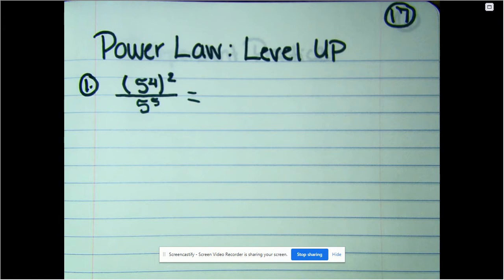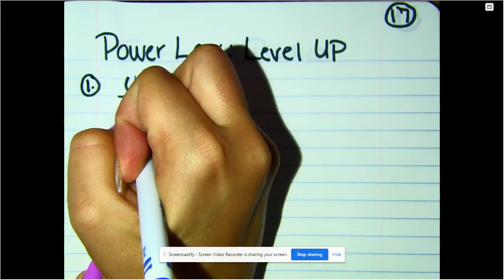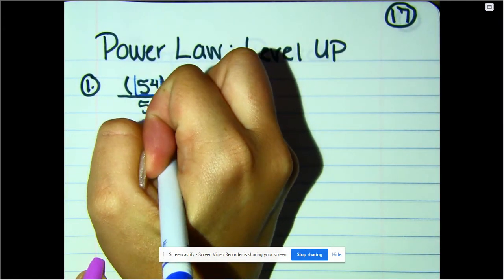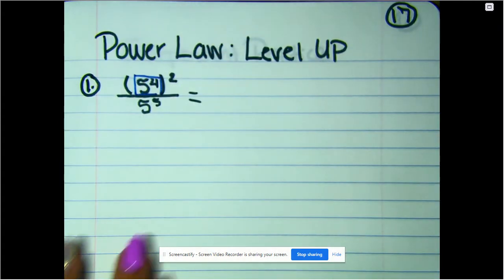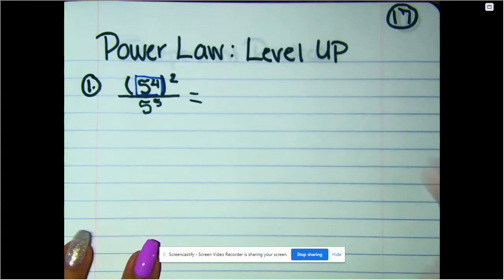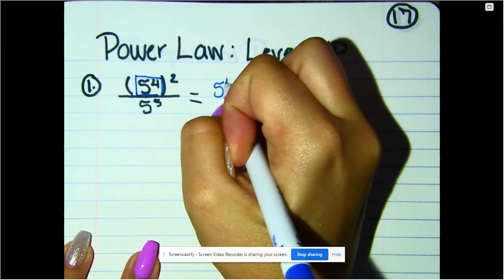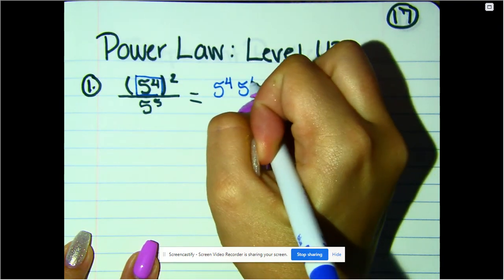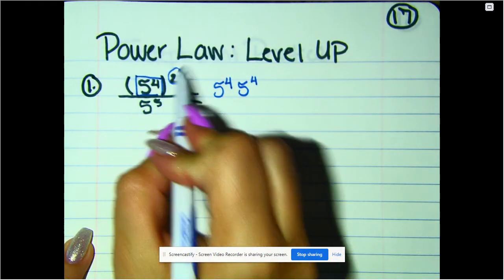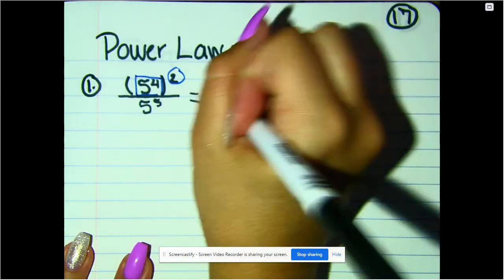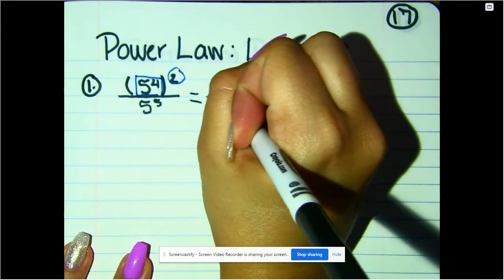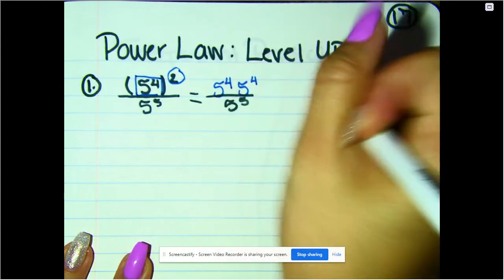If this is your base, 5 to the 4th power is now your base because that is being raised to the 2nd power. So you're going to write out 5 to the 4th twice, because you have the exponent of 2. And then that is divided by, remember, a fraction bar means divided by, 5 to the 5th.